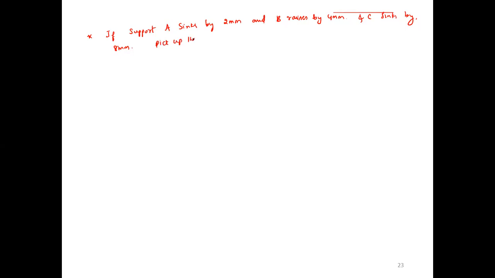Pick up the proper real beam. So I'm writing like this.